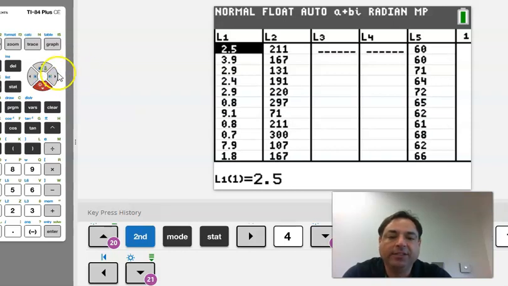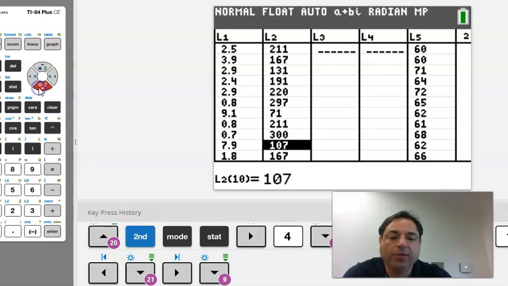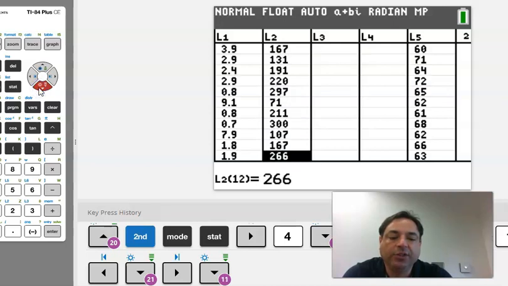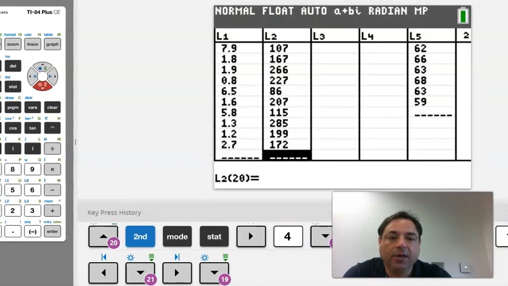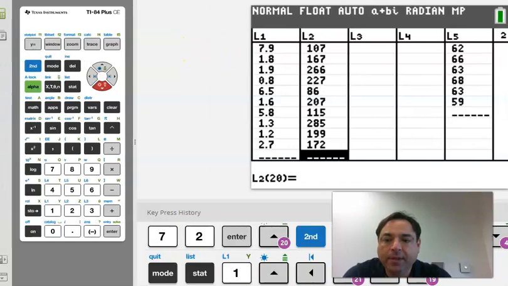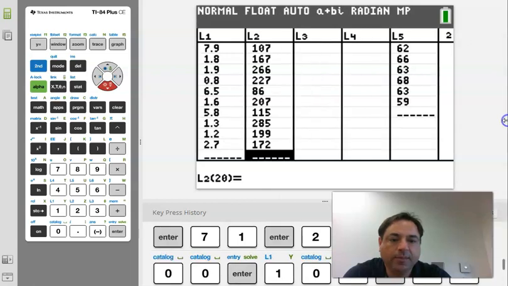Then in list 2, the Y, I'm going to put the heart disease death rate. 211, 167, 131, 191, 220, 297, 71, 211, 300, 107, 167, 266, 227, 86, 207, 115, 285, 199, 172. We want to make sure that both lists are equal. Make sure my calculator is all within the screen so you can see it all.